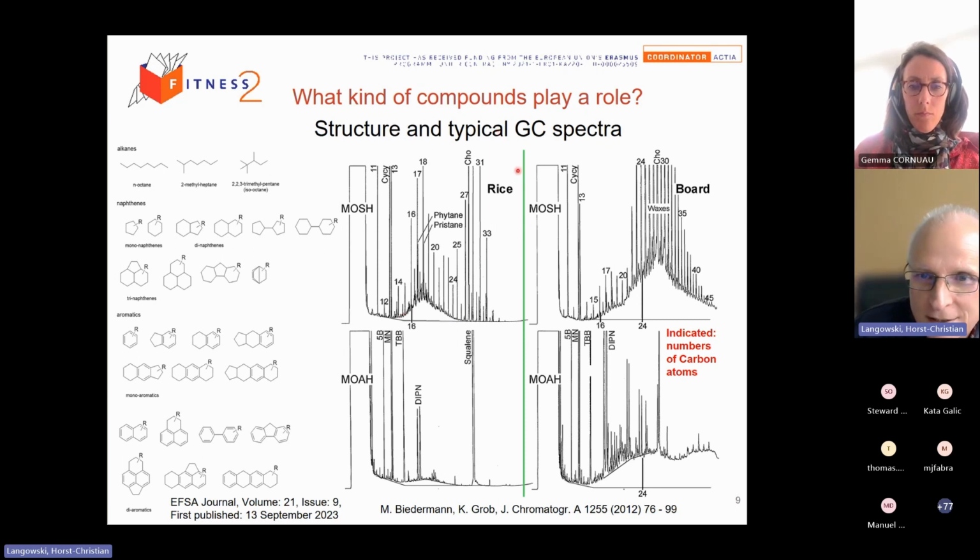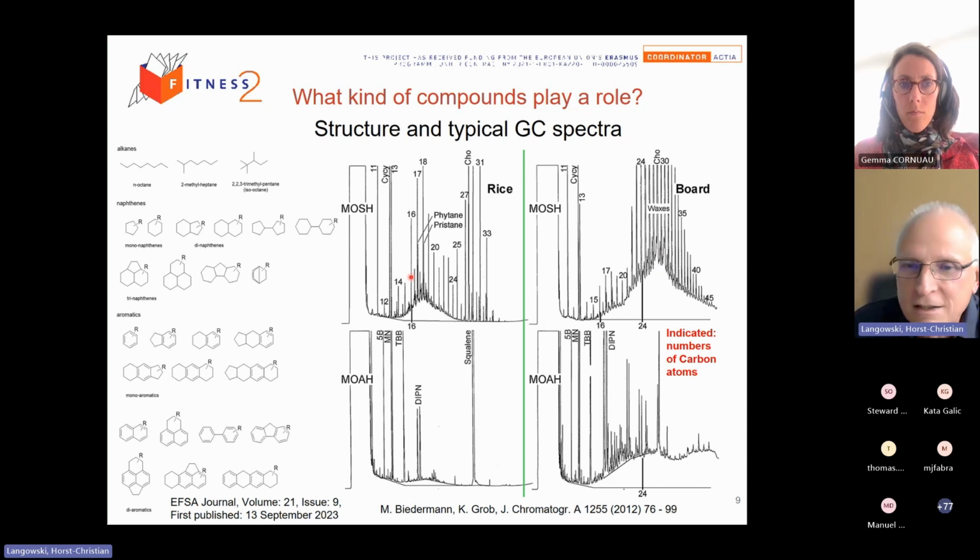This is what we see in the product. This is what we see in the board. So some of what has been in the board before is being transferred to the product in this case.